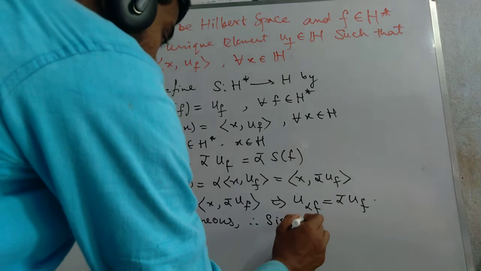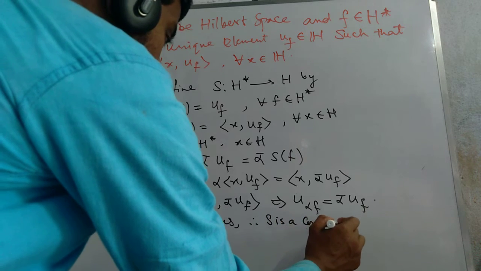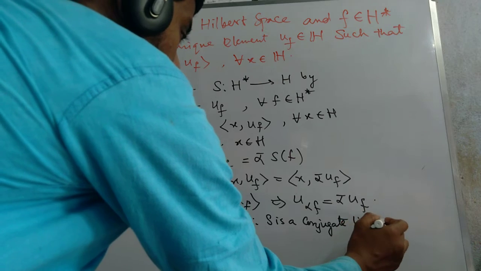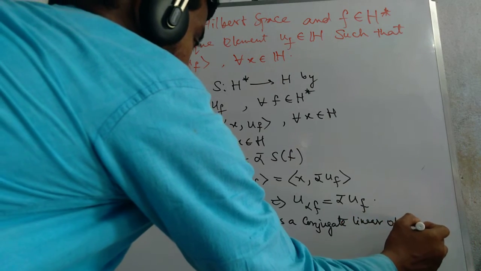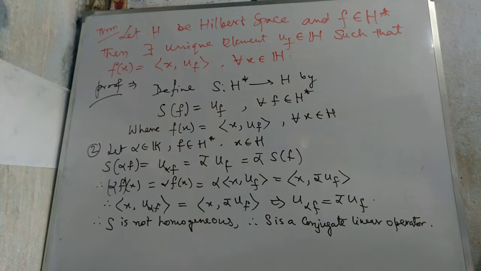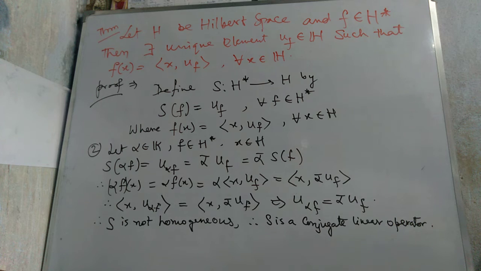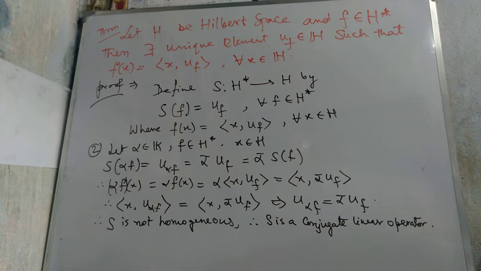S is a conjugate linear operator, and H is a Hilbert space, and then there exists a unique element represented by this.